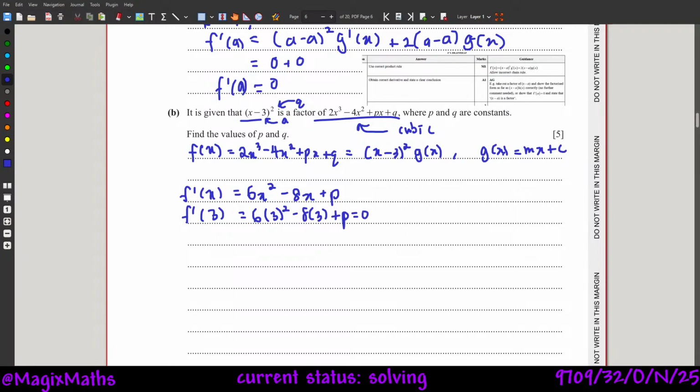Now we can easily solve for p. I'm going to plug in our values into my calculator. We have p is equal to -30. Is that correct? Really hope that's correct.